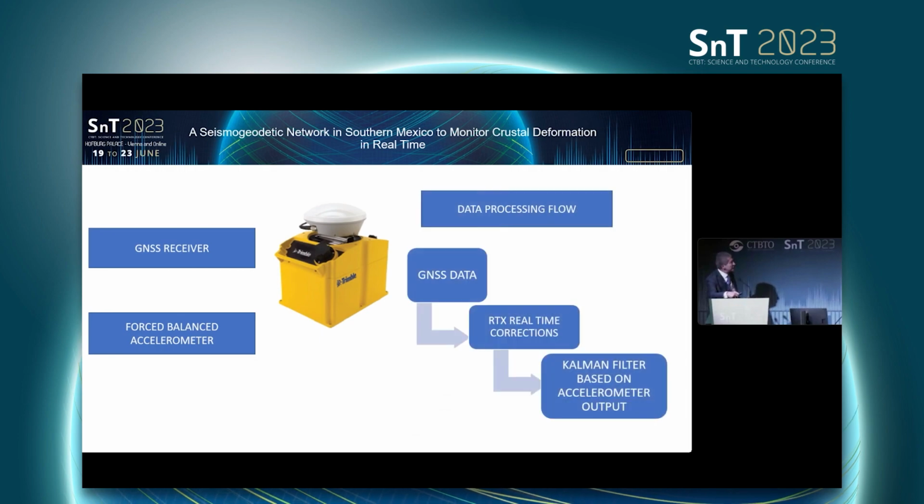The combination of the two gives you an advantage: you can use the high quality accelerometer data to continuously monitor the GNSS result, with a filter called the Kalman filter, which is a predictive filter that is very often used in telecommunications. Once you see the difference between the two, you can use it. It's a recursive filter. You can use it in the future, and then you calculate again, and you continue to use it. So the result is that you have three data streams.